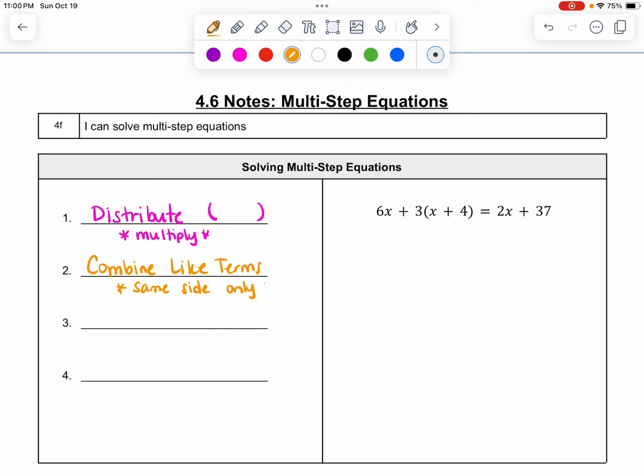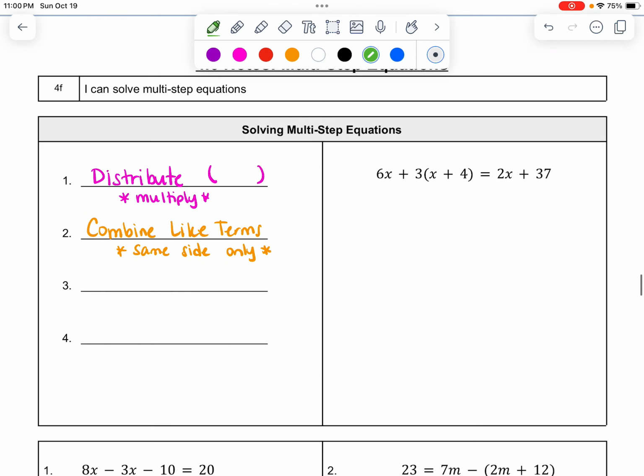We're not going to combine things if one of the terms is on the left of the equals and one of the terms is on the right. We're only going to combine like terms if they are on the same side. Then we're going to get the variables together.